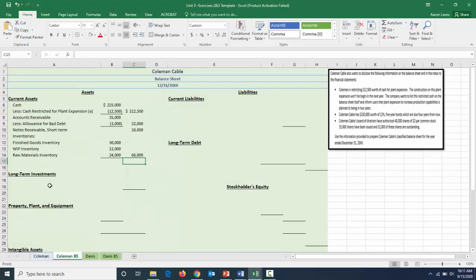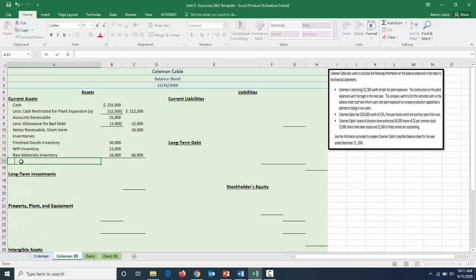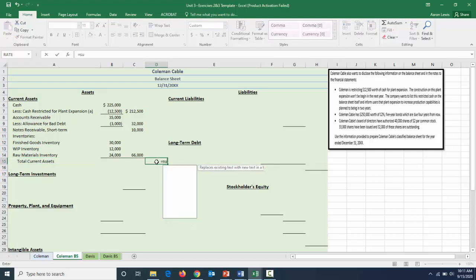So now we're ready to go and list what our total current assets are. And I usually move this one a little bit over to the right. It's going to be our total current assets, which is equal to the sum of everything in the center column. Coleman Cable has $320,500 worth of current assets.